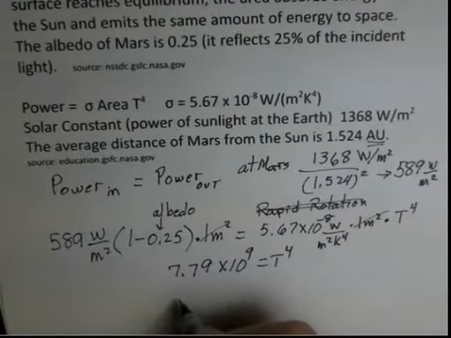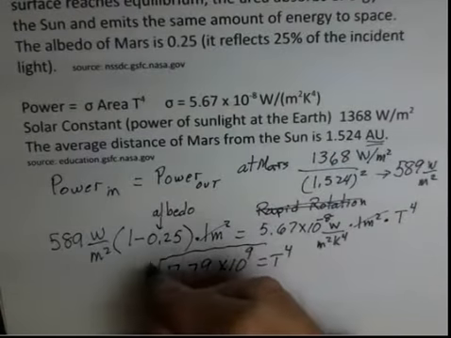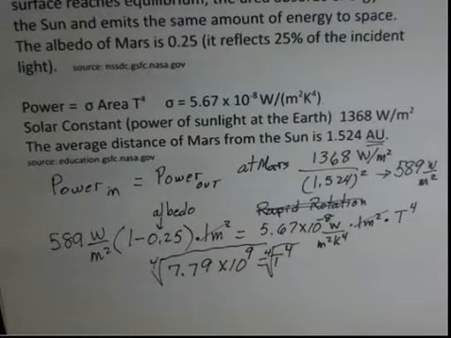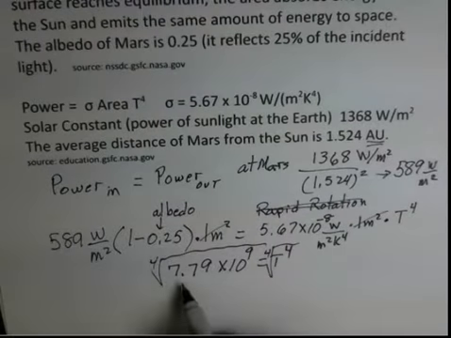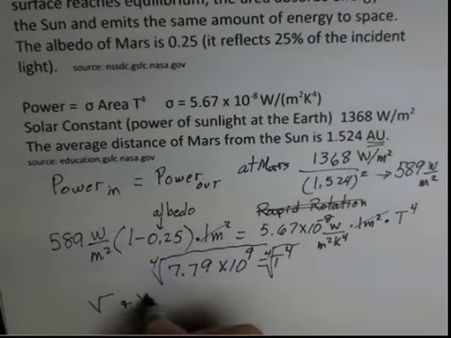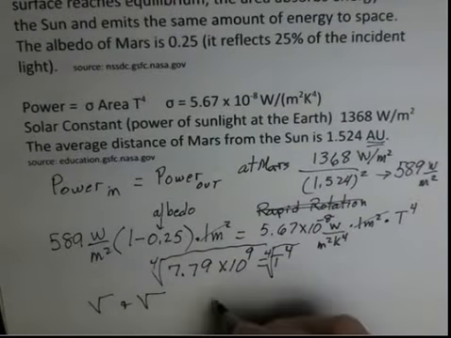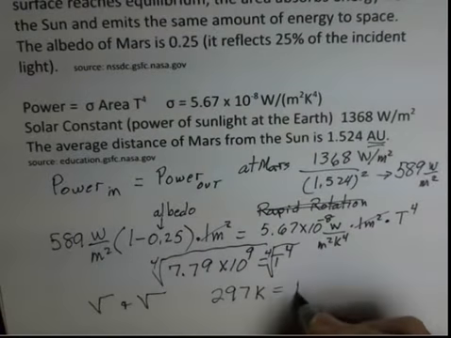If you take the square root twice, it's the same calculation. So taking the square root twice of 7.79 times 10 to the 9th, I find 297 Kelvin is our temperature.